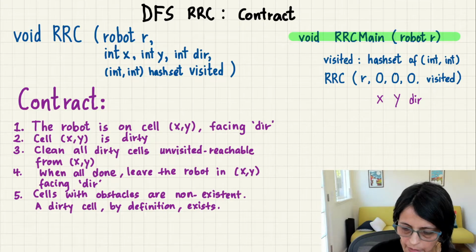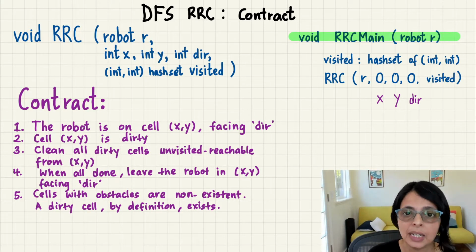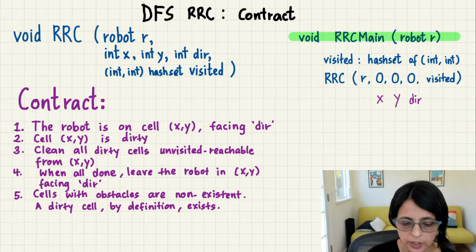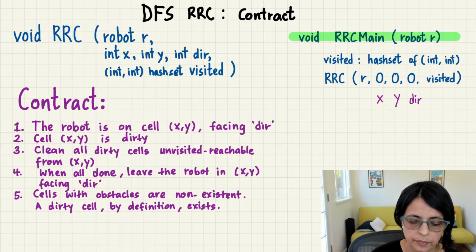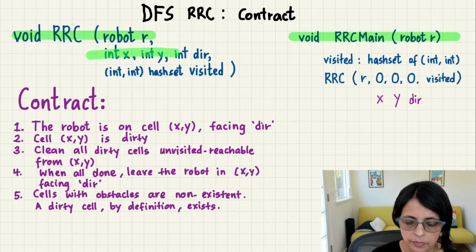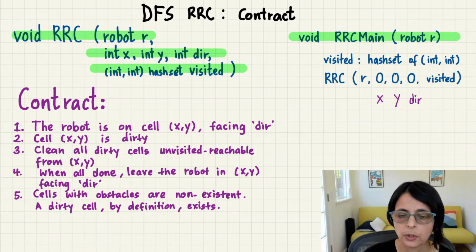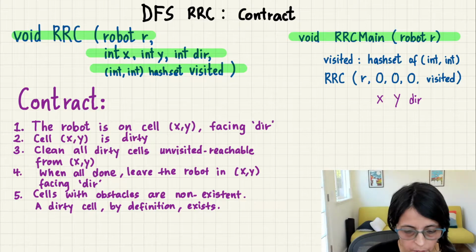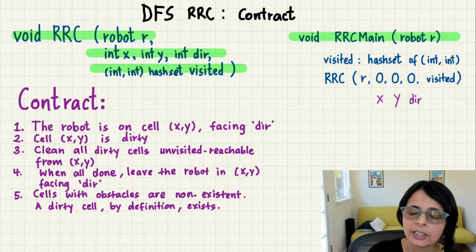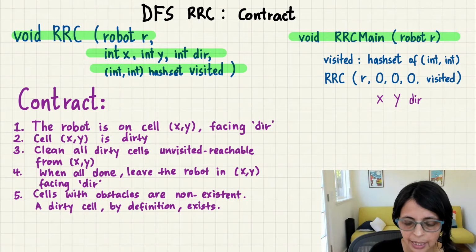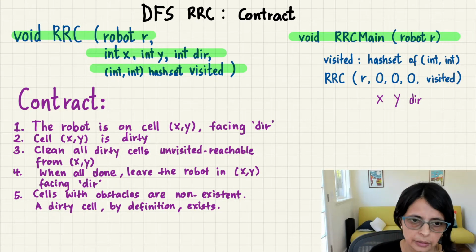So this is our seed call, and the main DFS function that we are concerned with is this one. It has 5 inputs: the robot, the ID of the cell that the robot is currently in, which is X, Y, the current direction the robot is facing, which is dir, and the visited set, okay?